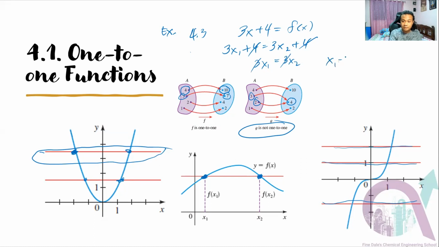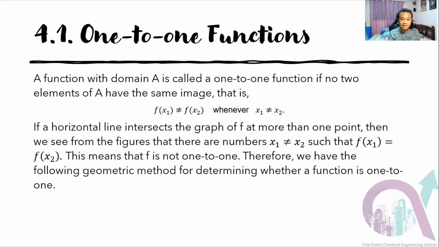If x sub 1 equals x sub 2, then the function is a one-to-one function.